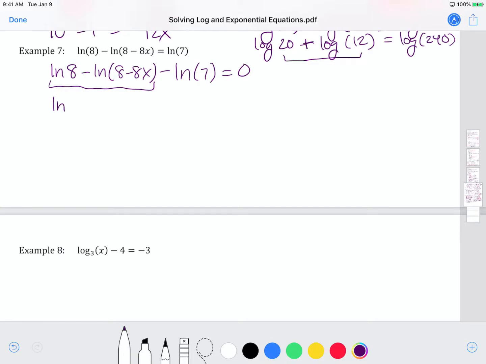That's the quotient rule because it's subtraction, so that would give me the natural log of 8 over 8 minus 8x. Now I have to combine these. So I'm going to take 8 over 8 minus 8x and divide by 7. So I would have this.